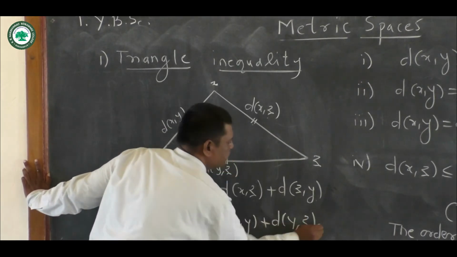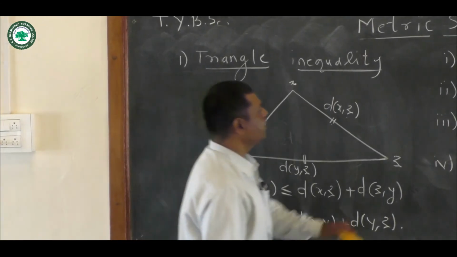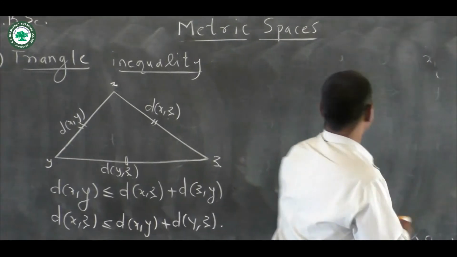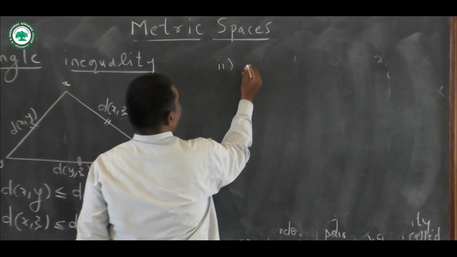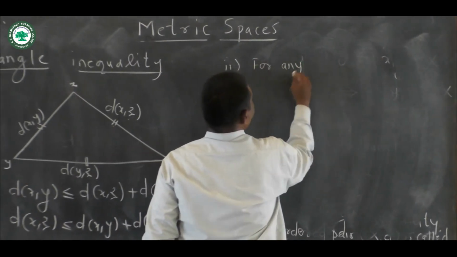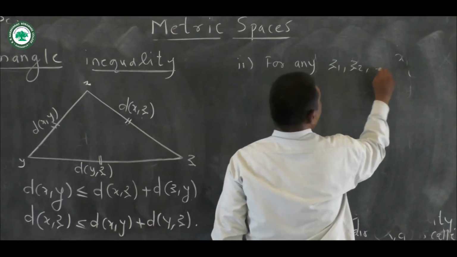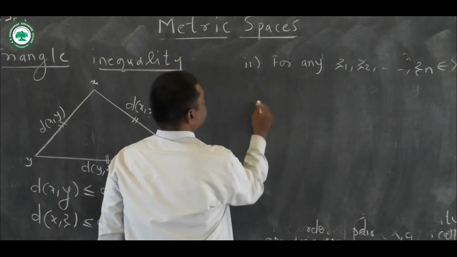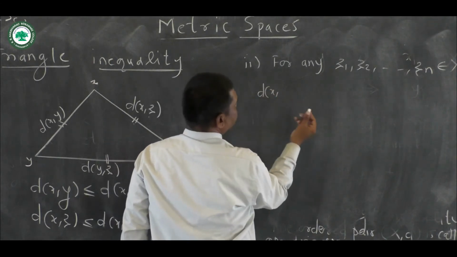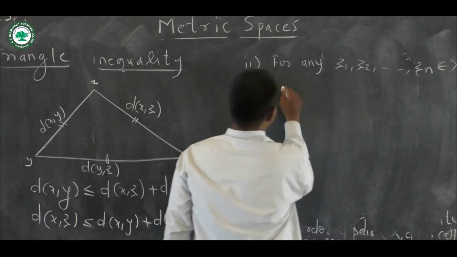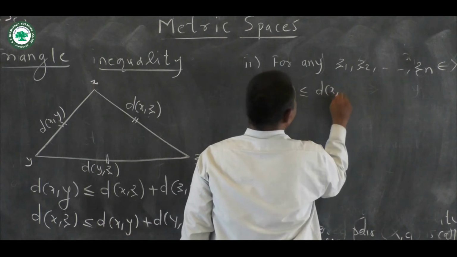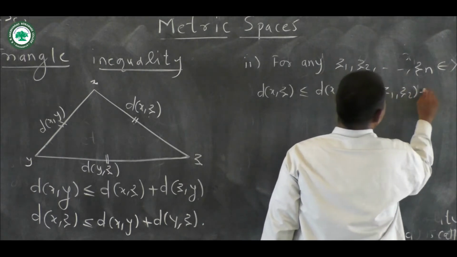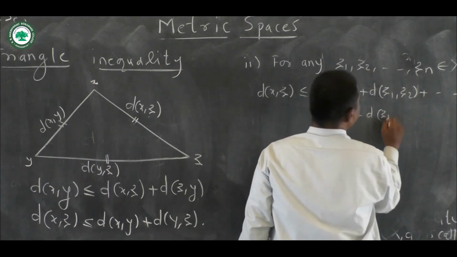Now the triangle inequality can be generalized for any number of points in X. The second remark is that for any z1, z2 and so on up to zn, which are points in the set X, the distance between x and z is less than or equal to the distance between x and z1 plus the distance between z1 and z2 plus, and so on, the distance between zn and z.